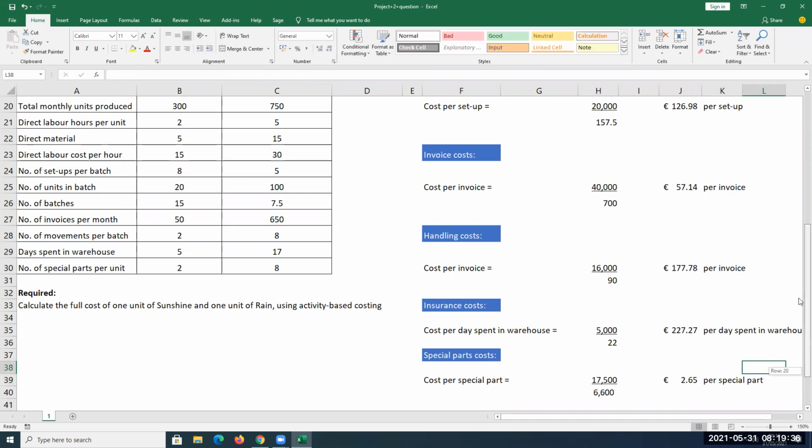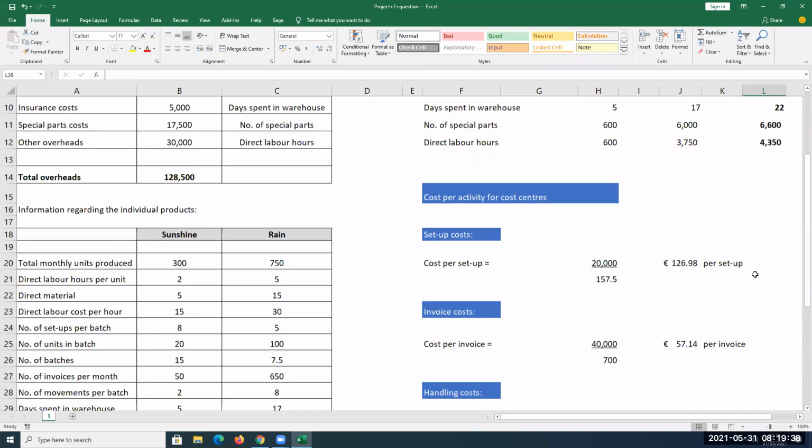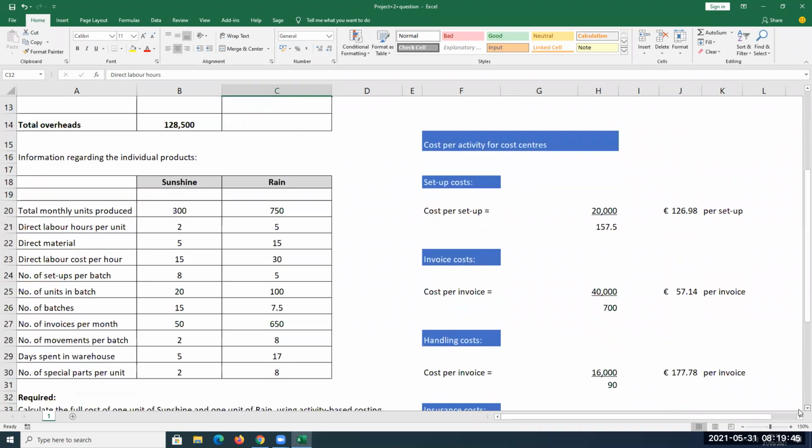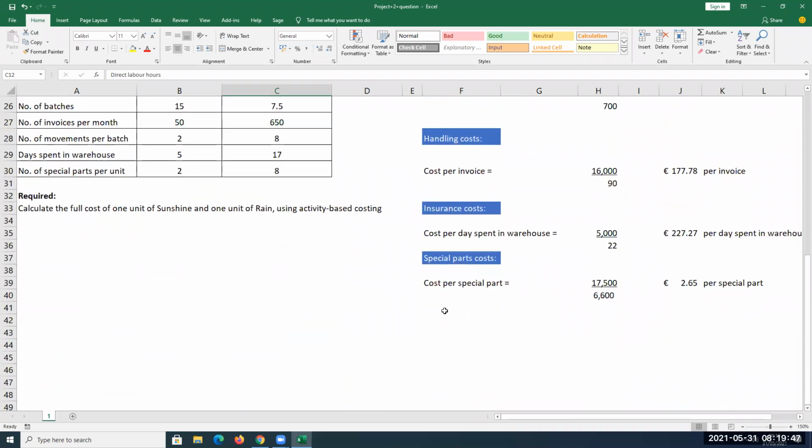And the last one, we have other overheads, and the cost center is direct labor hours. So other overheads, cost per direct labor hour.